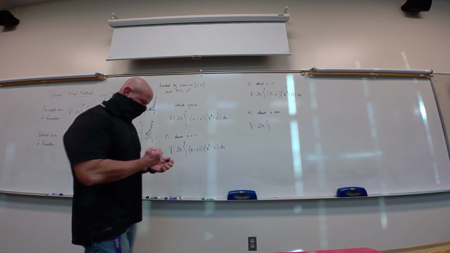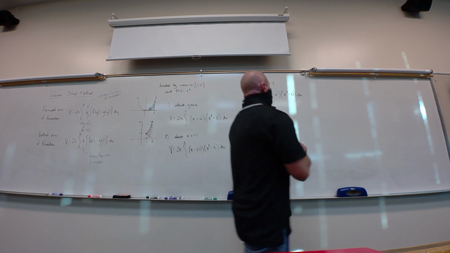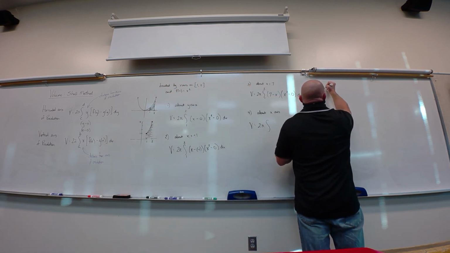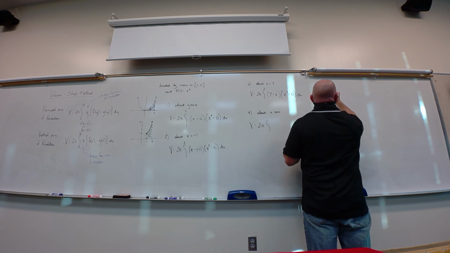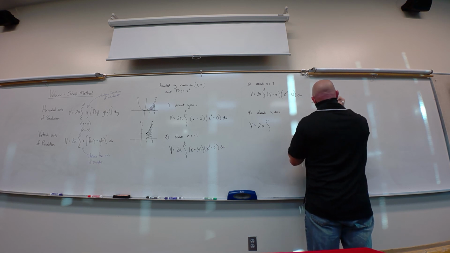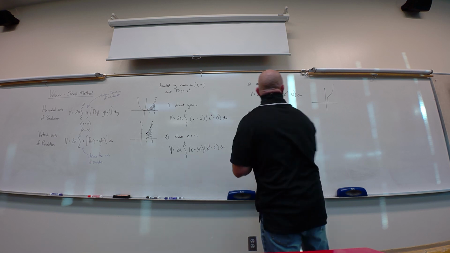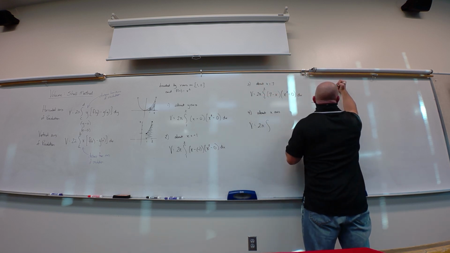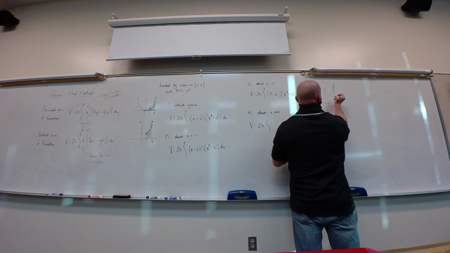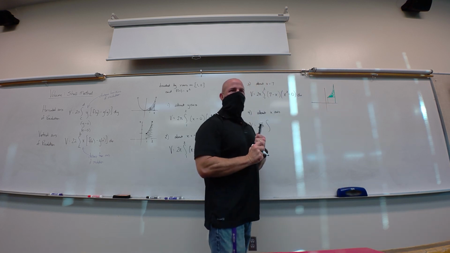So again, I'll redraw my picture over here. We're looking at this piece. All right, here comes the other one. So here's that other vertical line. So I have one region right here where the green's on the right side of the black.